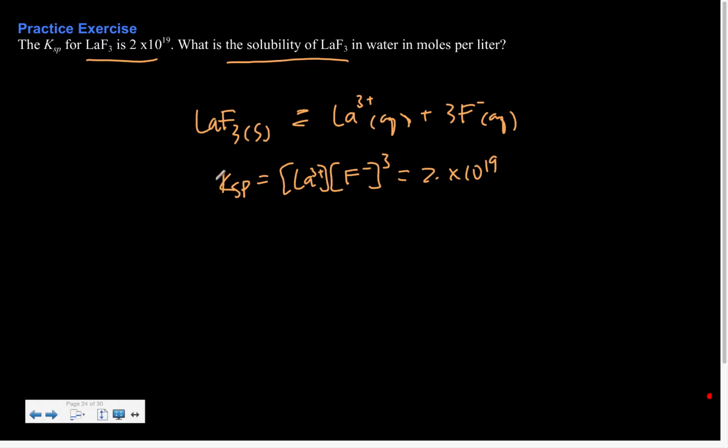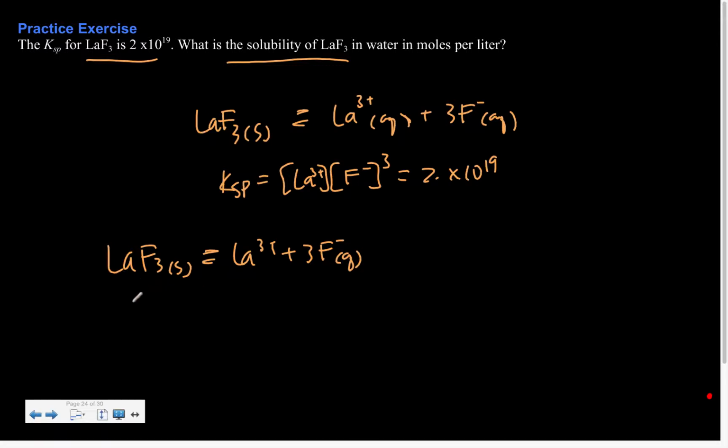So what that means is I just have to do a little bit of stoichiometry with a little bit of variable work. I know that for every one of these, I'm going to form one of these. It depends on how you think about it. You can think about it like an ICE table if that's what you see in your head, or you can think about it just as a stoichiometry problem, whatever works best for you.